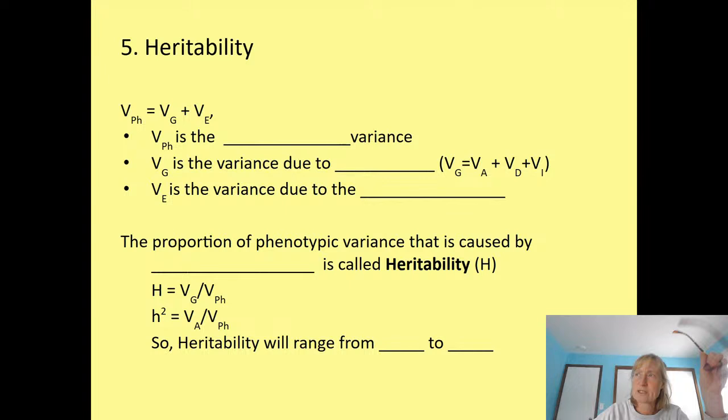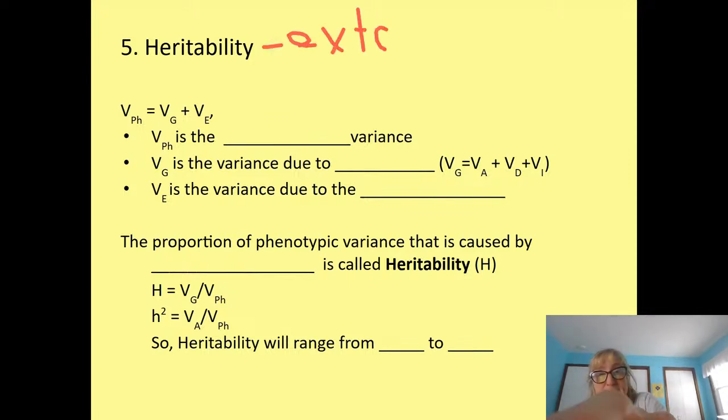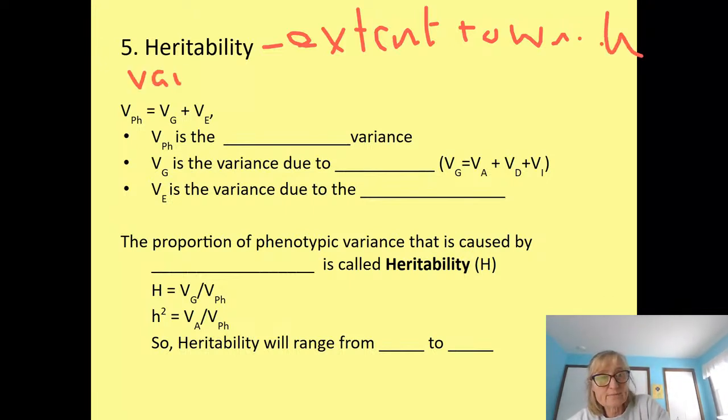And we're going to calculate what's called the heritability to sort out the extent to which variation in a trait can be attributed to variation in genetics. Heritability, we should write that down: the extent to which variation in a trait can be attributed to variation in genetics.